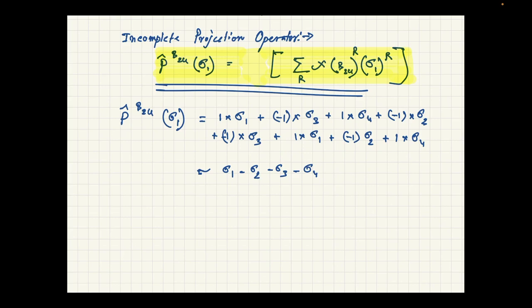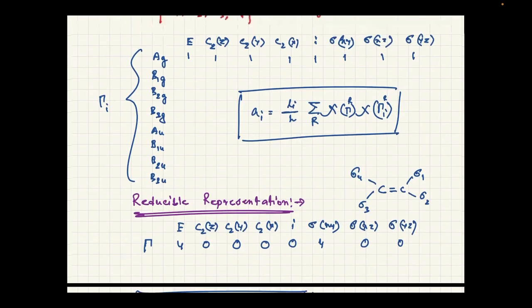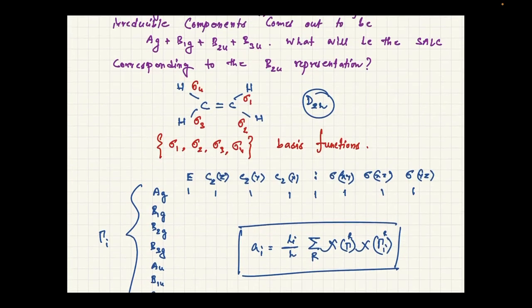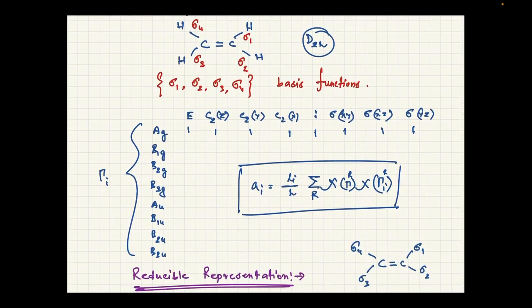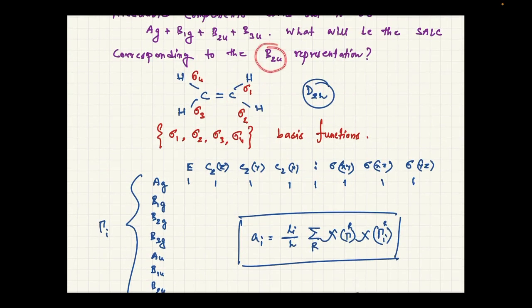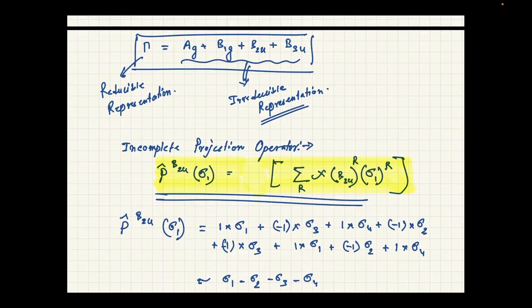This means these 4, sigma 1, sigma 2, sigma 3, sigma 4, are acting as bases to form the molecular orbital. Now we have to find the proper symmetry adapted linear combination of these 4 sigmas corresponding to the B2U representation. So we are using the projection operator technique here, where P is the projection operator under the B2U representation.